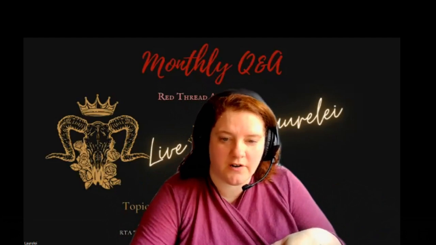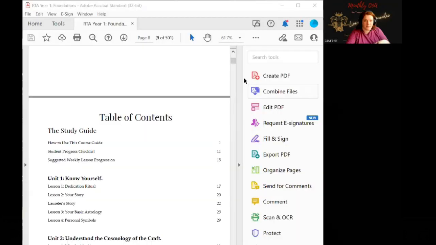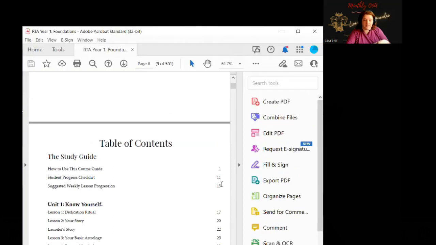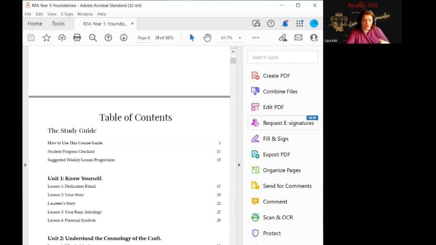I'm going to share this part of my screen, which is looking at the table of contents in the PDF version of the book. It's going to look the same in your printed version of the book. There is no difference between the two, except that one's digitized.